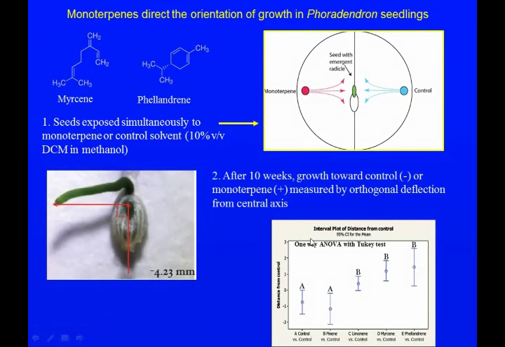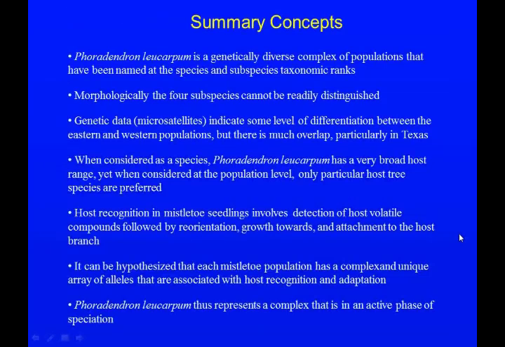So this is basically what he was doing, is measuring the orientation of that little growing radicle, deviation from the original position. So highly significant result. So this is the first clue that we have that mistletoes are smelling out their hosts. They're sniffing them.